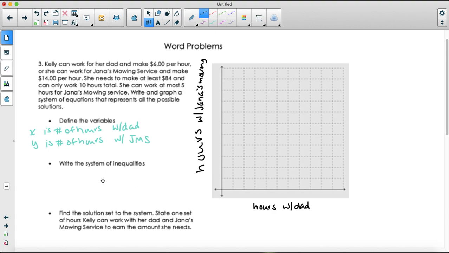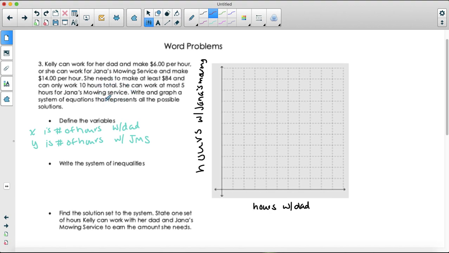So let's write a system of inequalities. She makes $6 per hour with her dad and $14 per hour with Jana's lawn mowing, and she has to make $84. But we know that she can only work 10 hours total. She can also only work at most 5 hours for JMS.